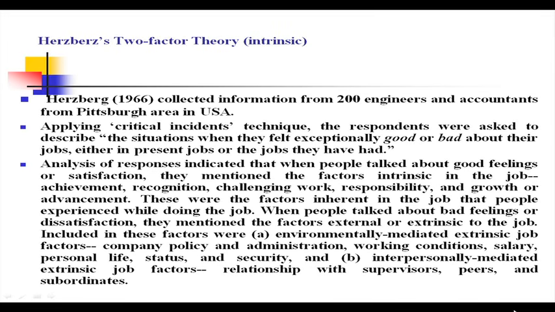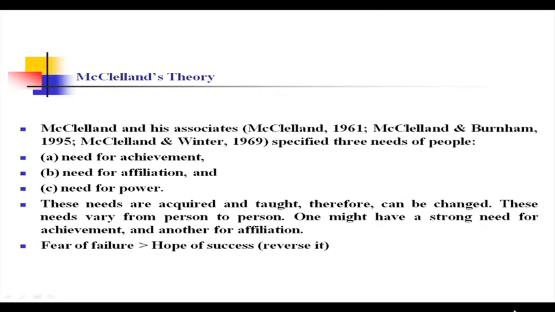His main theme is that intrinsic needs are the motivator of behavior compared to the extrinsic needs. It was around 1960 that the theory came into existence, and the two factor model was accepted.